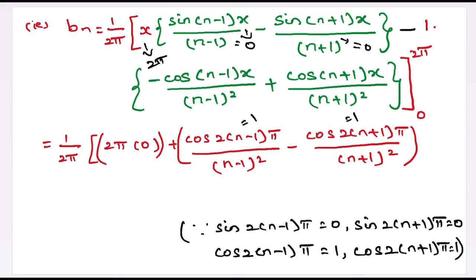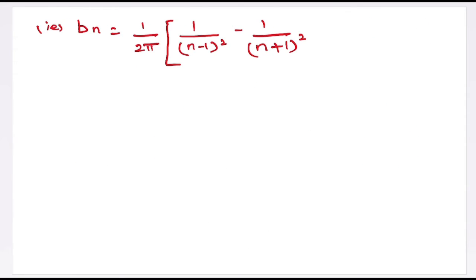Because in first term sin 2 into n minus 1 into pi is equal to 0, sin 2 into n plus 1 into pi is equal to 0. So 0 into 2 pi is equal to 0. Then minus and minus will become plus and cos 2 into n minus 1 into pi is equal to 1. Cos 2 into n plus 1 into pi is equal to 1, which gives 1 by n minus 1 the whole square minus 1 by n plus 1 the whole square.